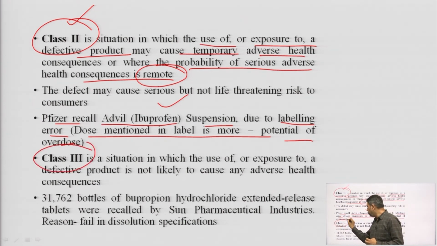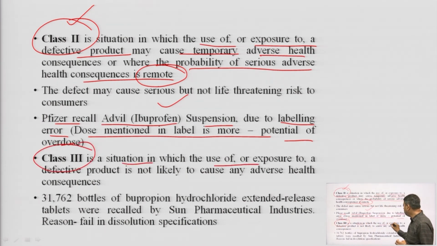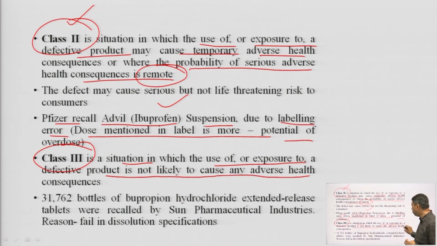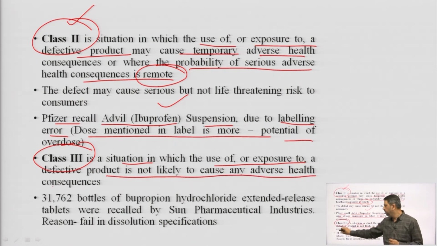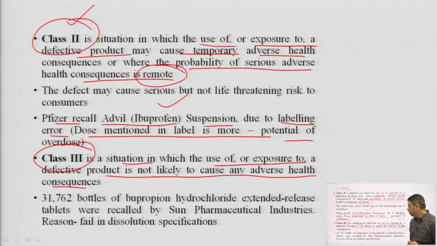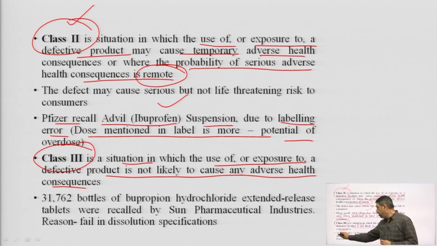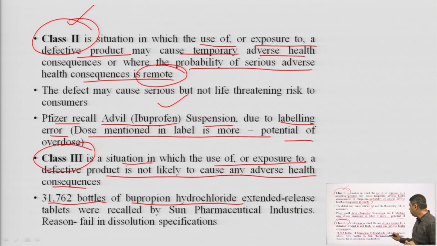Now, a class 3 recall is a situation in which use of or exposure to a defective product is not likely to cause any adverse health consequences. So, this is the class 3 recall. For example, 31,762 bottles of bupropion hydrochloride extended release tablets were recalled from the market.